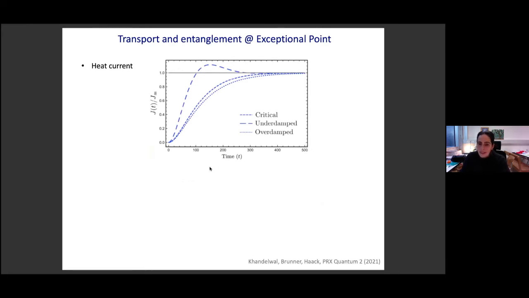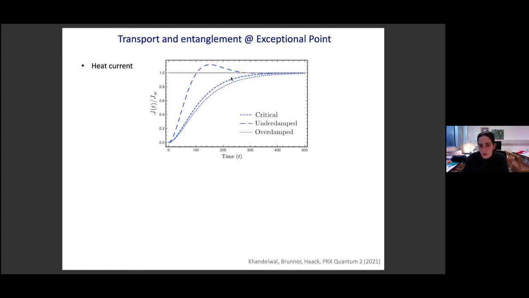So this workshop is about transport, and so of course critical damping via the trace distance can also be seen in transport observables. So we looked at the heat currents, and here I show you the heat current as a function of time normalized by the heat current in the steady state.